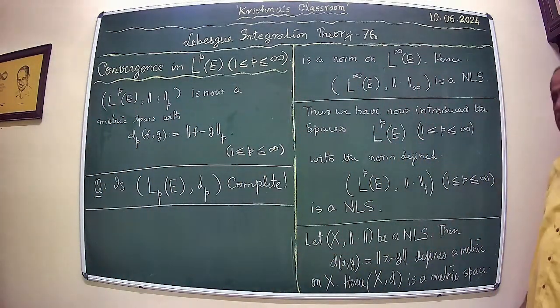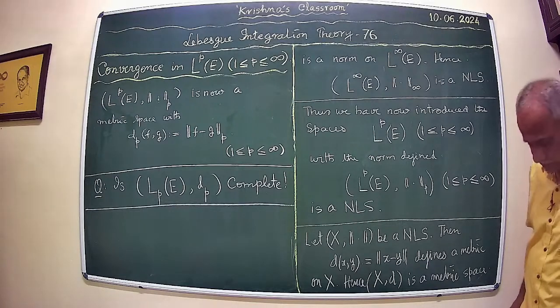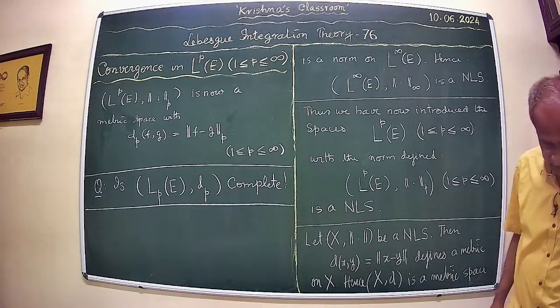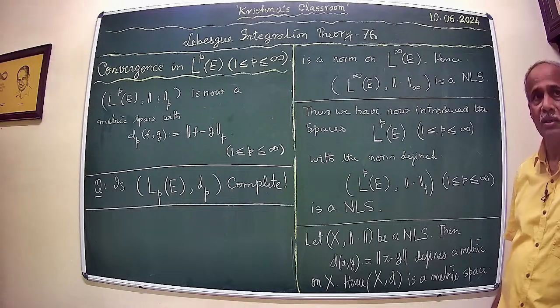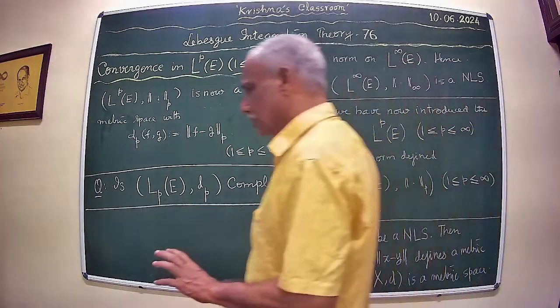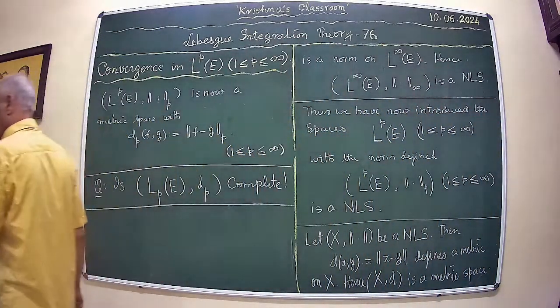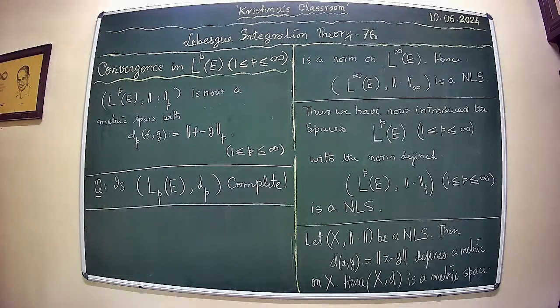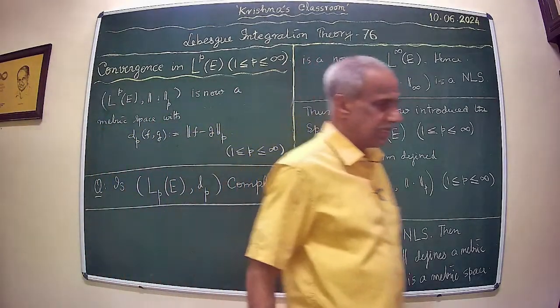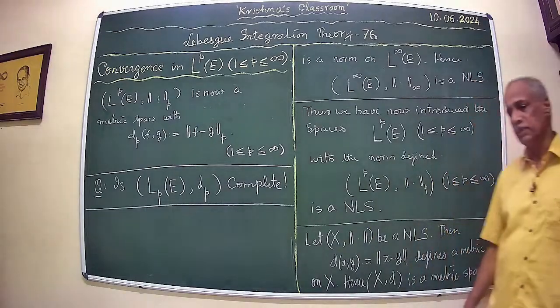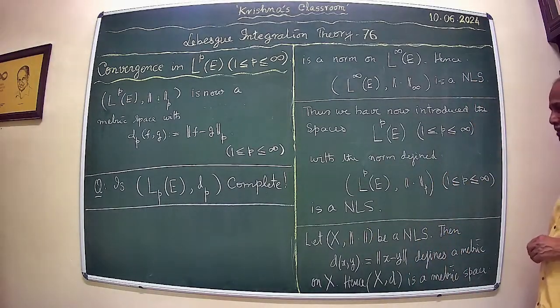A complete space is a normed metric space where all Cauchy sequences converge in the space. All Cauchy sequences in the space are convergent to some element in the space itself.